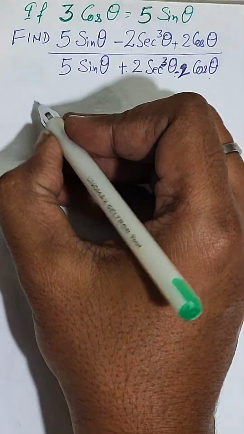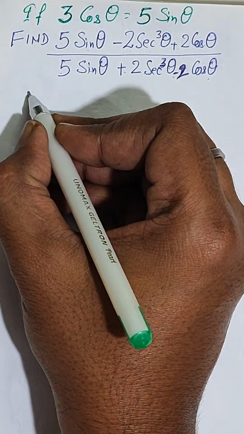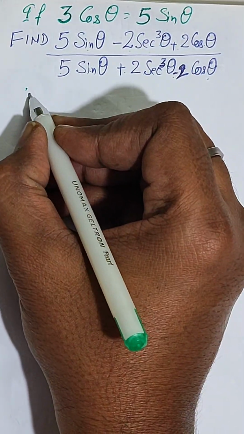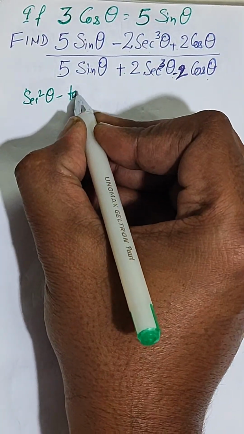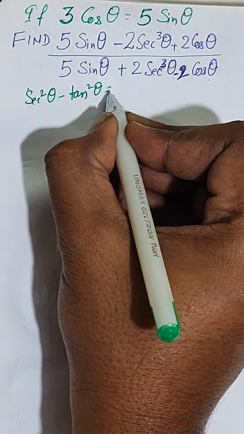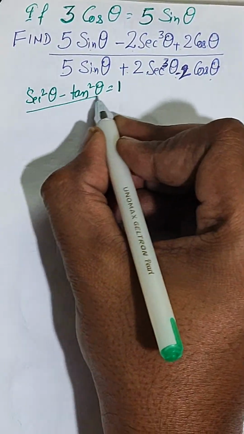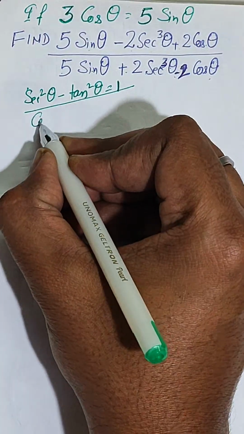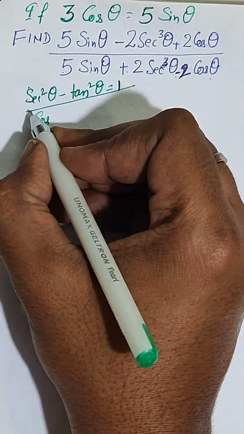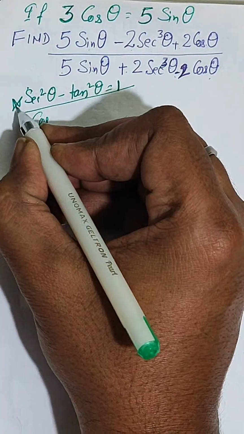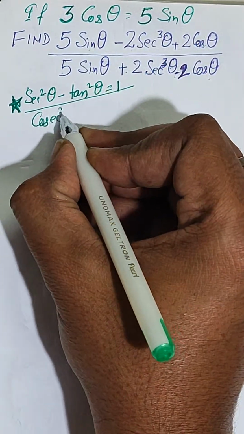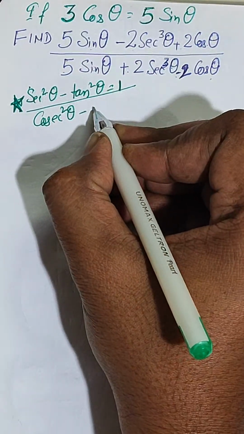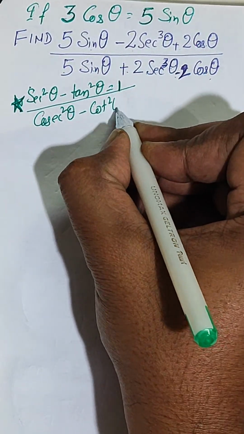The identities, if you remember: sec square theta minus tan square theta is equal to 1. This is one of the identities which we will be using over here. In parallel you need to remember cosec square theta minus cot square theta is equal to 1, right?